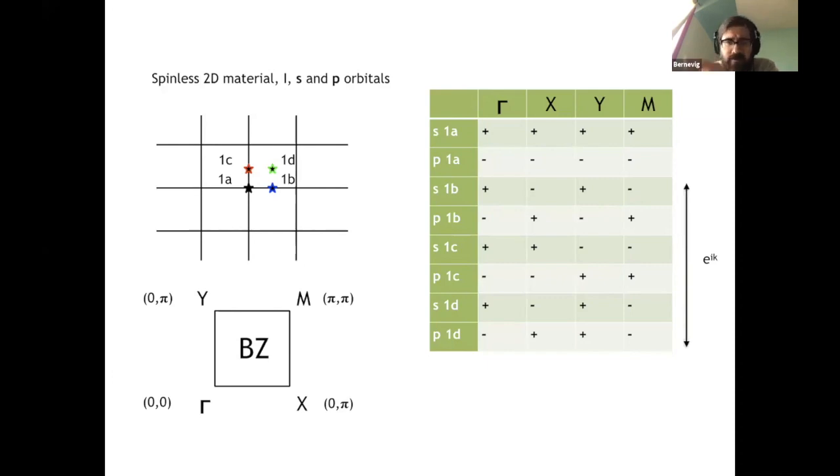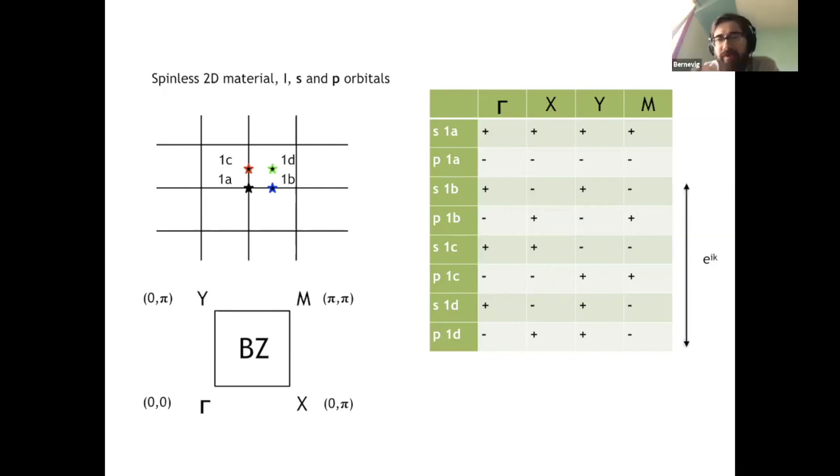Let's go through this procedure for the S orbital. The S orbital sitting at 1A is a scalar under inversion, so it has only positive eigenvalues in real space. It has no translational part in its site symmetry group, it just stays invariant under inversion. So when you Fourier transform it to go to momentum space, it's going to have plus eigenvalues under inversion. The P orbital at the 1A Wyckoff position is a vector, so it has negative eigenvalues under inversion.